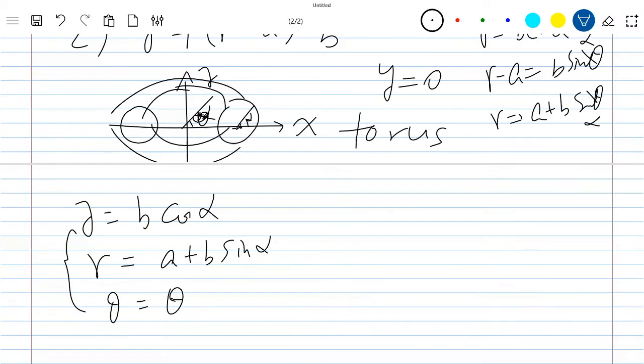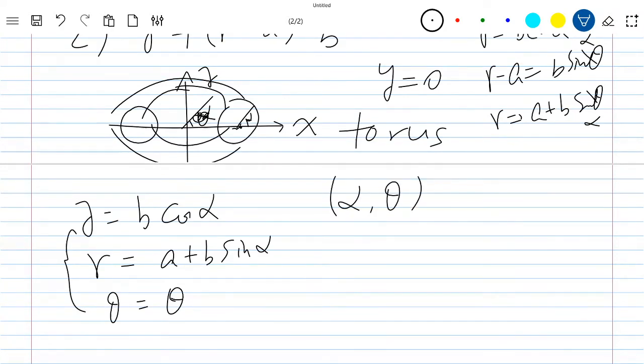So the easiest way is to use cylindrical coordinates. You don't say what x, y, z are, you say what z, r, theta are. In this case, theta is just theta, and z and r are written as functions of alpha. So our parameters are alpha and theta.